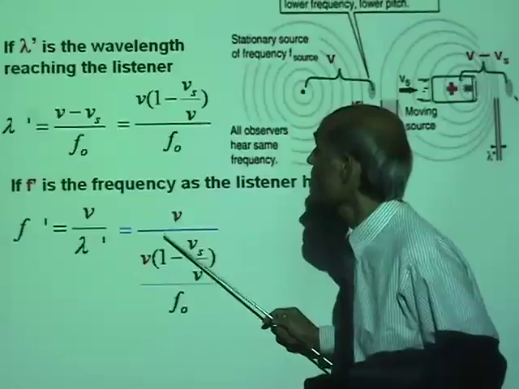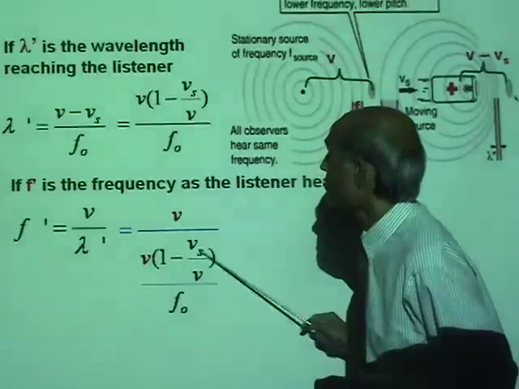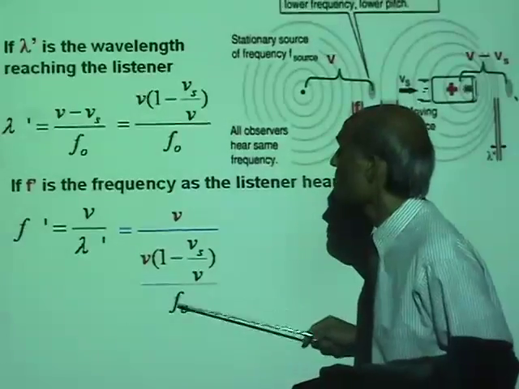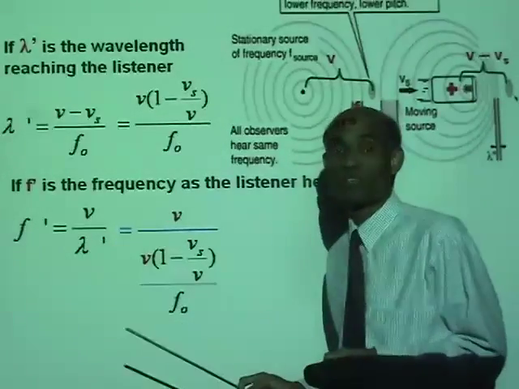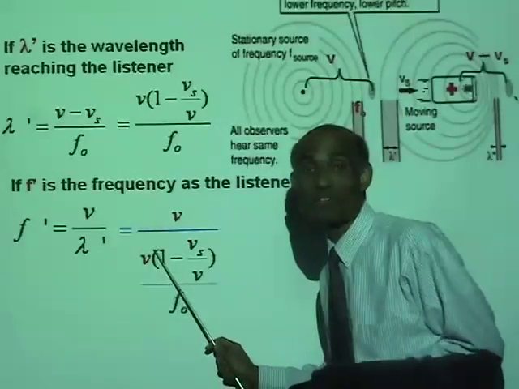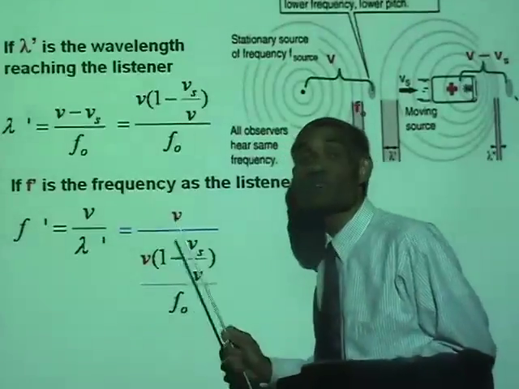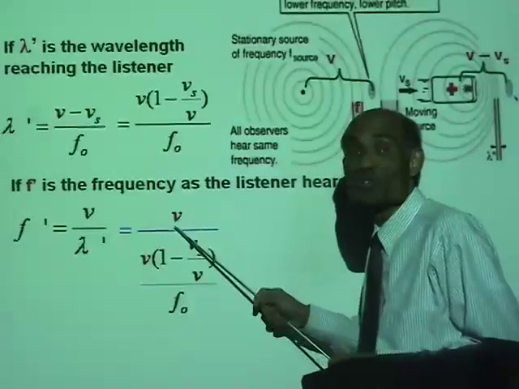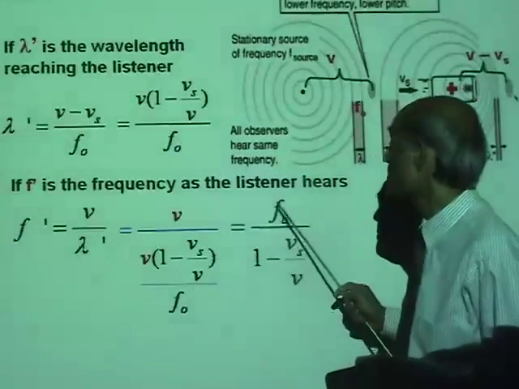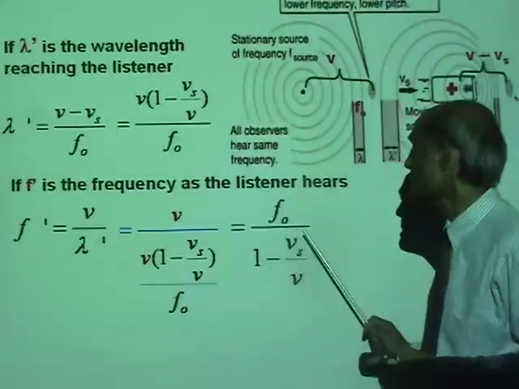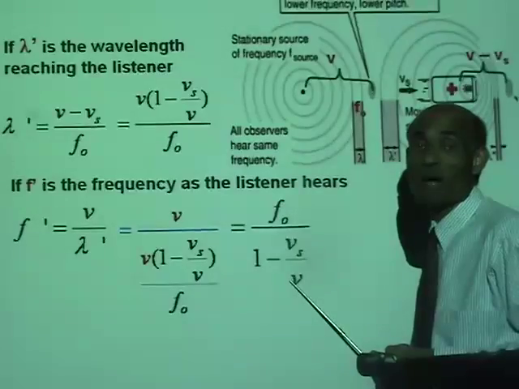That would be V divided by lambda prime, which is V times 1 minus Vs over V, over F0. And you can see why I wrote it like this. You can see that V and V will now cancel. This F0 will now go to the numerator. And that's equal to F0 divided by 1 minus Vs divided by V.